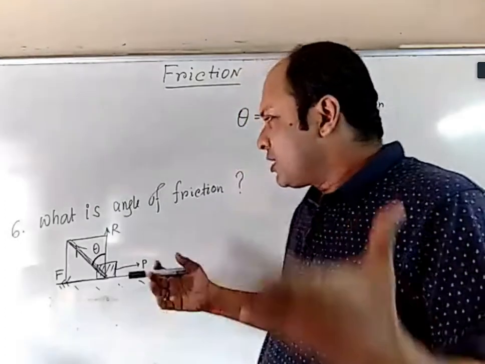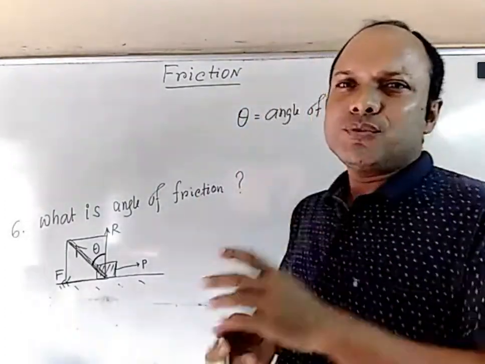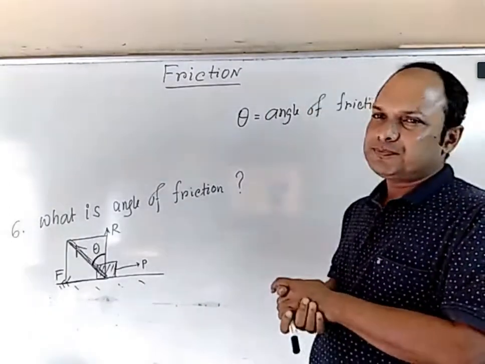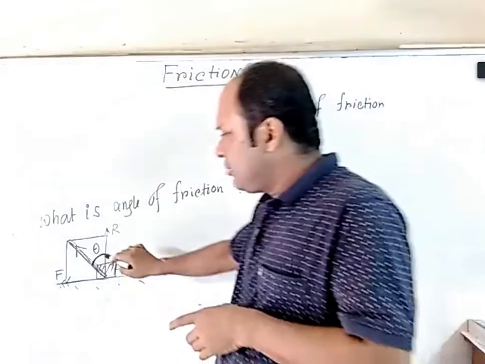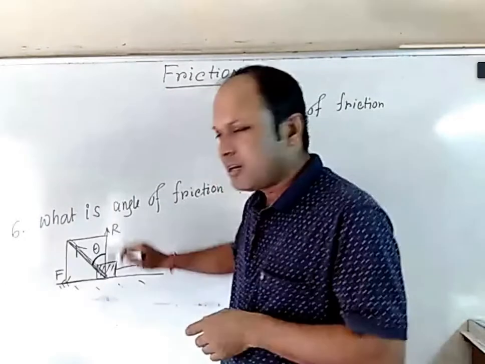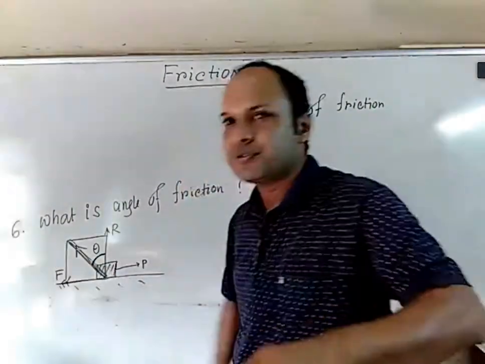So, in case of two objects in contact, the angle of friction can be defined as the angle between the normal reaction and the resultant of the normal reaction and frictional force.